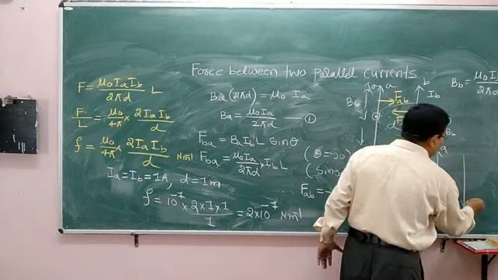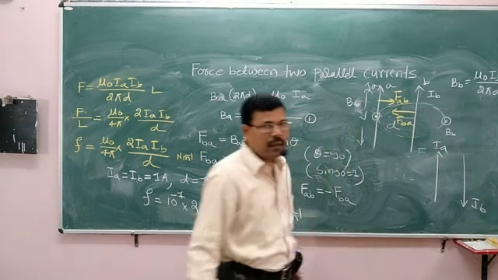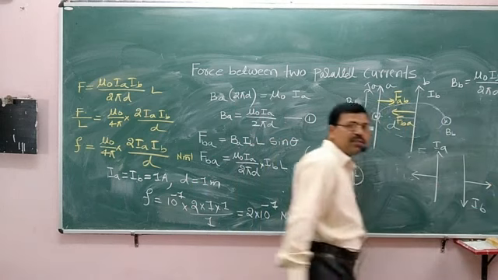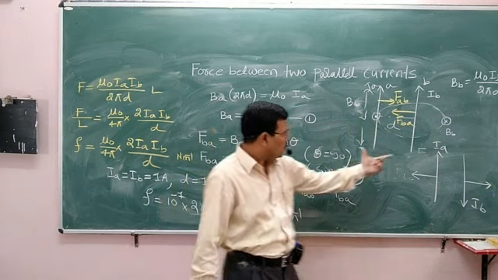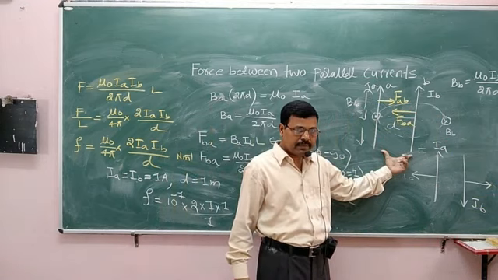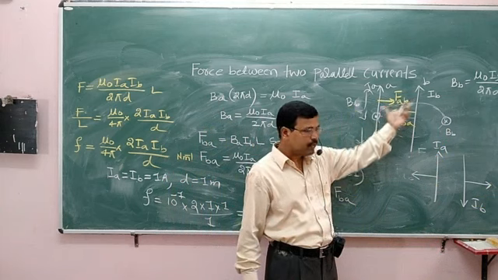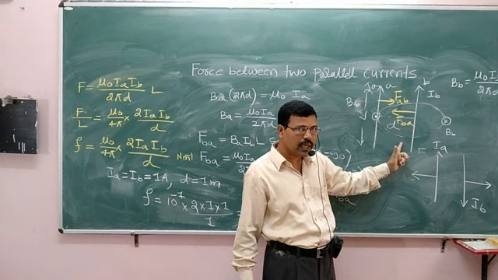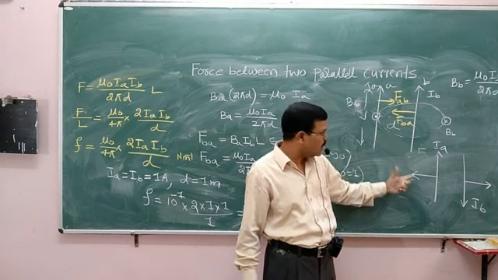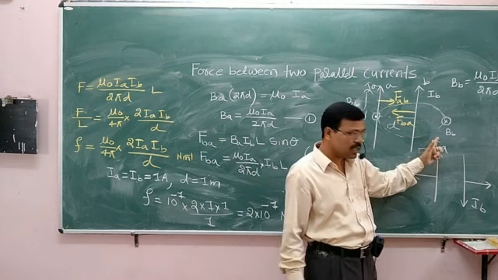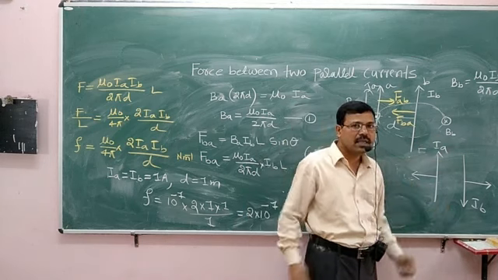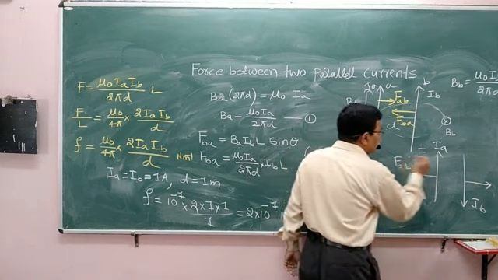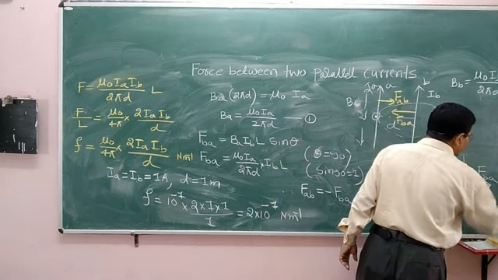This is Ia and this is Ib, then they would experience a repulsive force. When two conductors carry current in the same direction, they experience an attractive force. Here, when the directions of the currents are opposite, they experience a repulsive force. This is force acting on A by B. This is force acting on B by A.